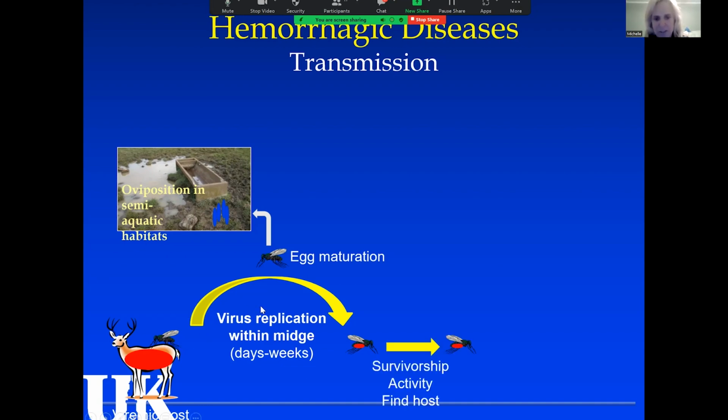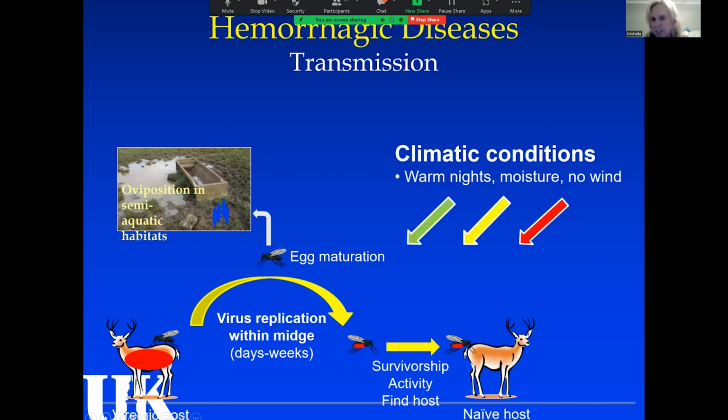Okay, so this midge that bit this animal and got infected, after she's laid her eggs, can go ahead and start to bite other animals, and that's the way it spreads, right?